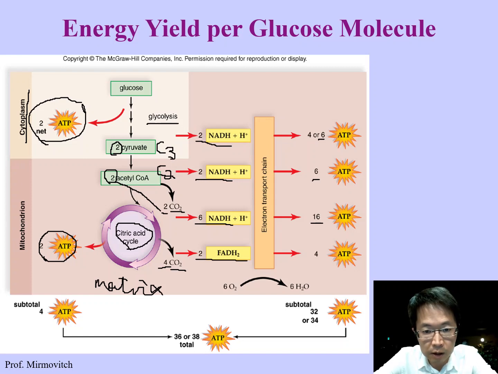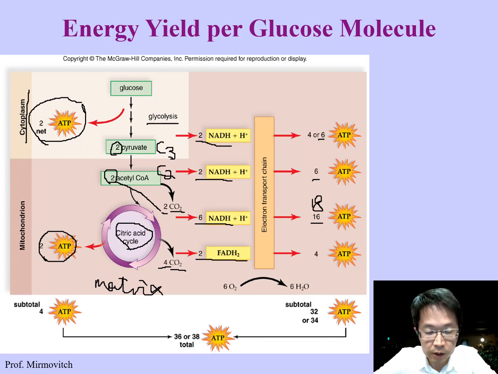So each NADH will give you 3 ATP. So 3 times 2 is 6, and 3 times 6 is 18. Why is it 16? This is weird. It should be 18. Let me see if the math adds up correctly.